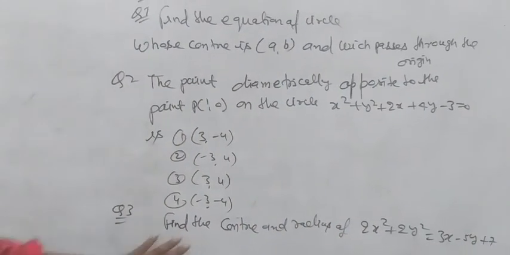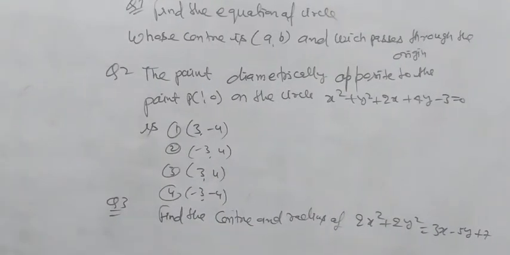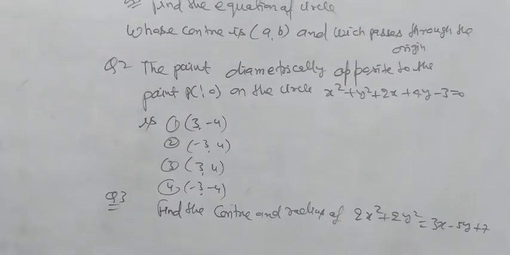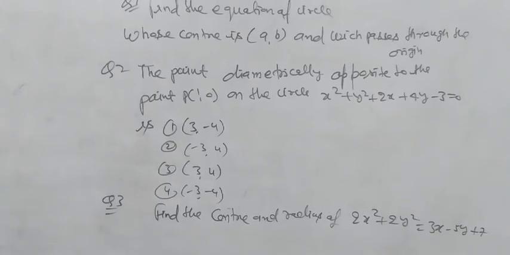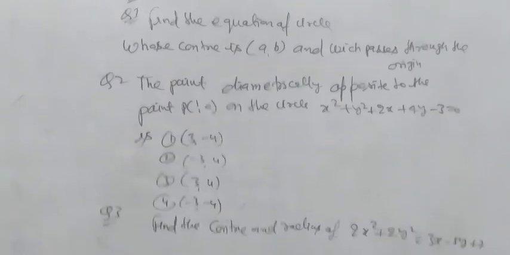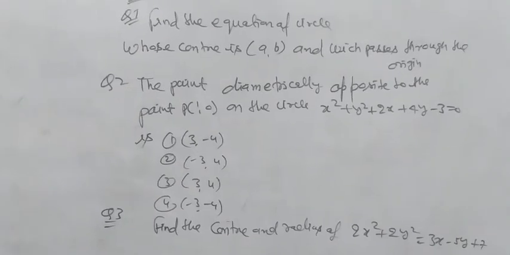Understood? In this question, find the center and radius of 2x square plus 2y square is equal to 3x minus 5y plus 7. And please, you will complete all the questions, because all the questions are very important.